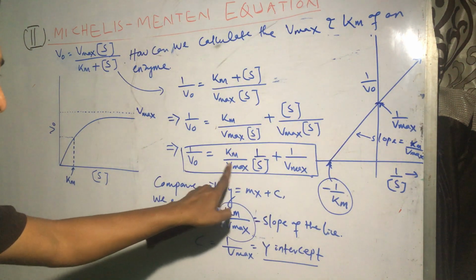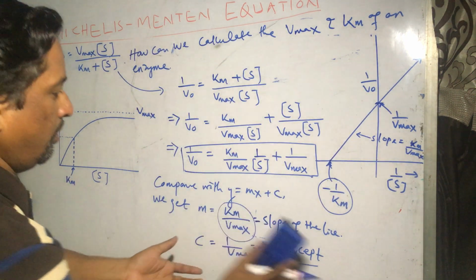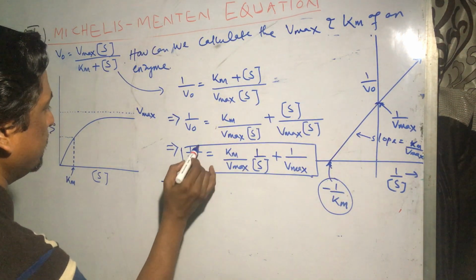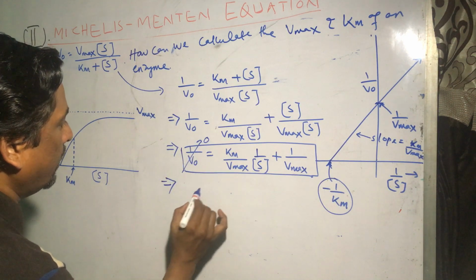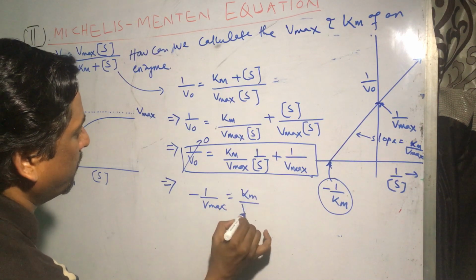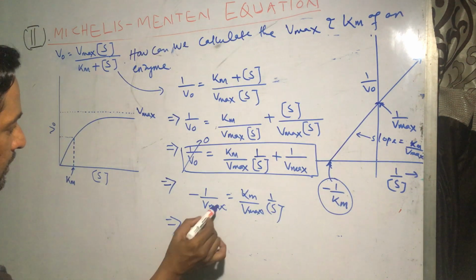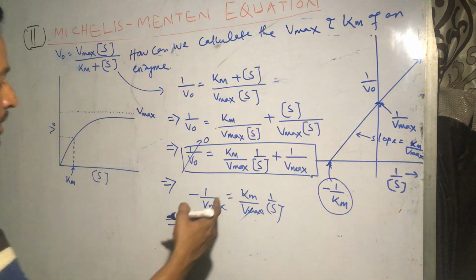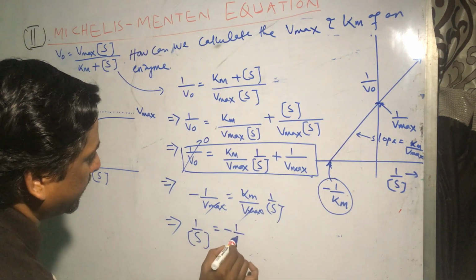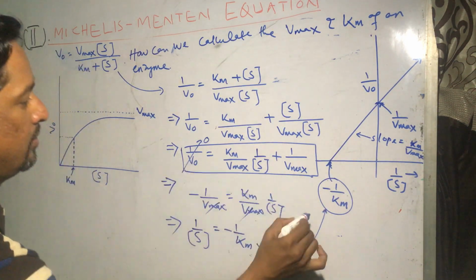So Km by Vmax into 1 by S, so I can just write this as 0, hence minus 1 by Vmax is equal to Km by Vmax into 1 by S, implies that Vmax is cancelled, so 1 by S is equal to minus 1 by Km, and this point 1 by S is minus 1 by Km.